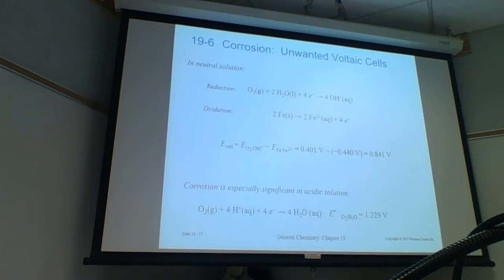So this balances: 2 irons, 3 halves of O2. And so this looks like the reaction. We just have rusting of iron. Oxygen is the oxidizer here, but it's actually a bit more complicated than this.